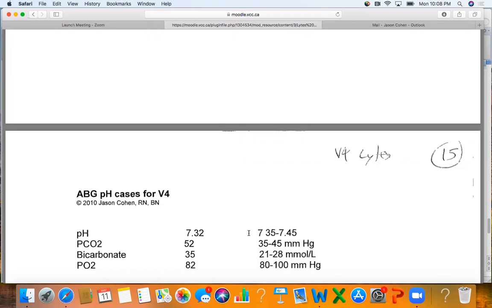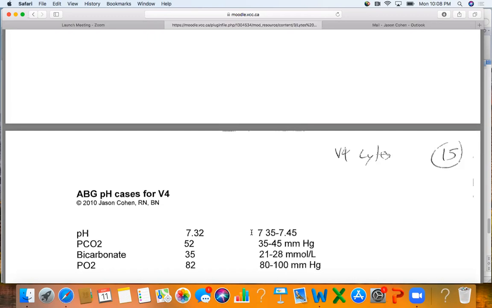It's the easiest way. So the normal values are on the right here, and the findings are in the middle column. So let's go line by line. pH is 7.32. So now I'm going to ask you, what is that? Is that relatively acidic, or is that relatively basic or alkalotic?